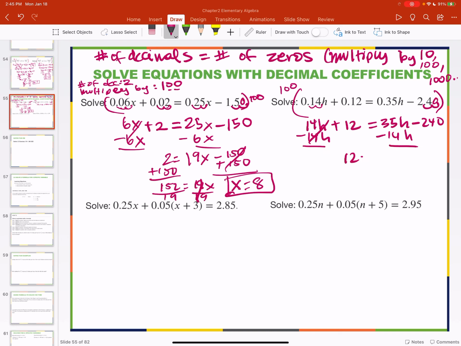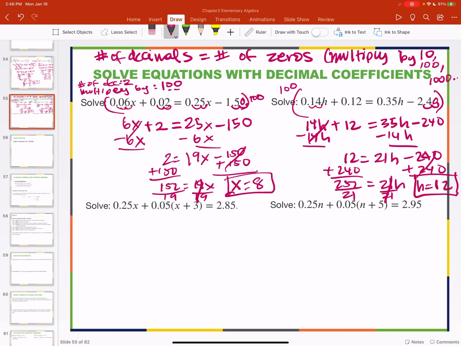We get 12 is equal to 21h minus 240. So plus 240, plus 240, is 252 is equal to 21h. Divide by 21. So then h is equal to 12. 252 divided by 21 is 12.